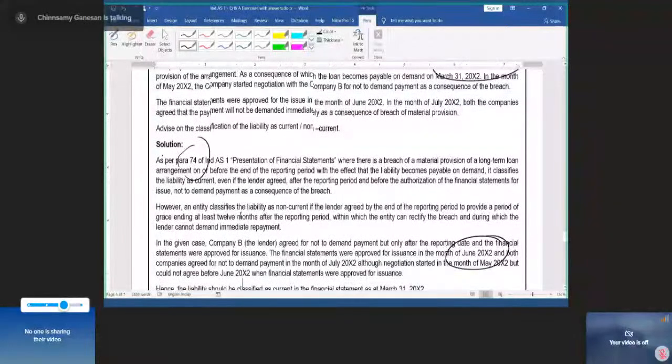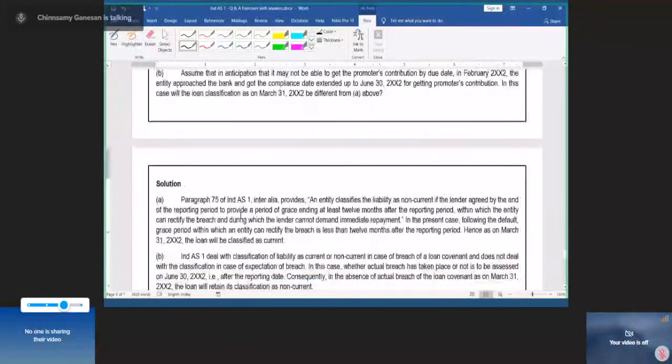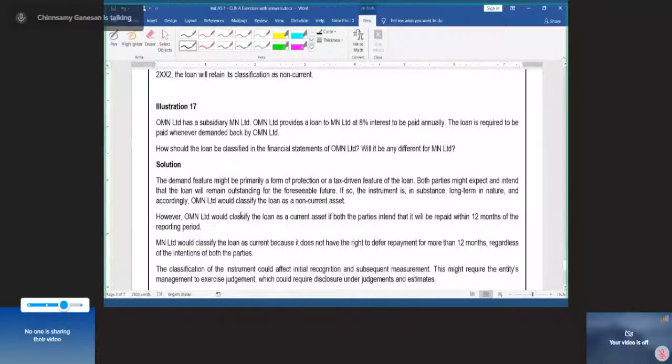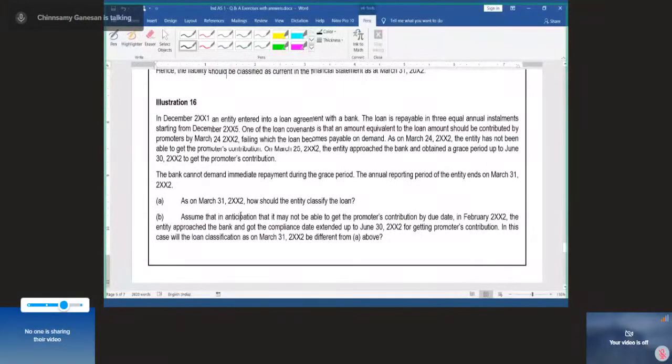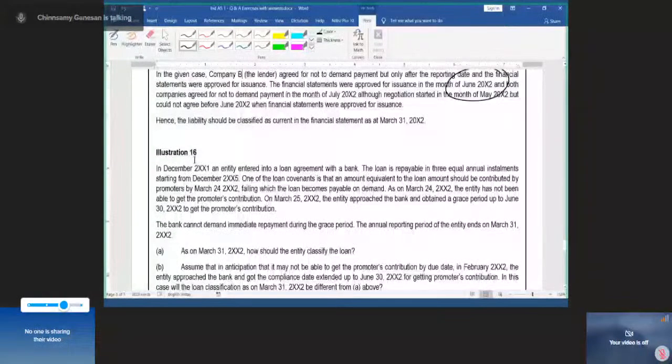A similar question which we are having, where again it comes as part of your discussion. What is the date which has been agreed? It's December 2011, and on March 24th the entity was not able to give the promoter's contribution which came as part of the condition. On March 25 they got a grace period until June 30. So what has happened?